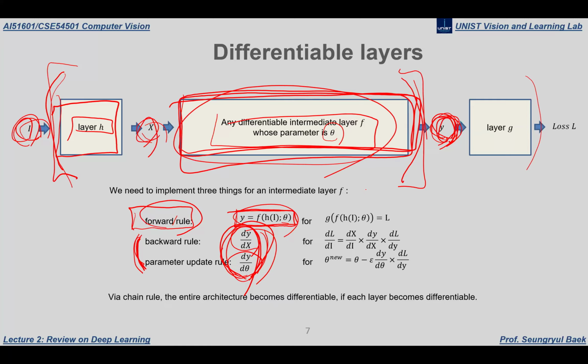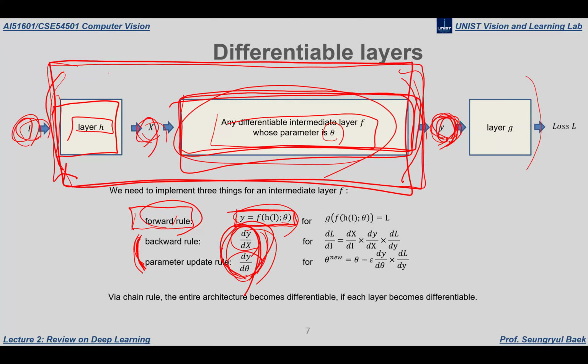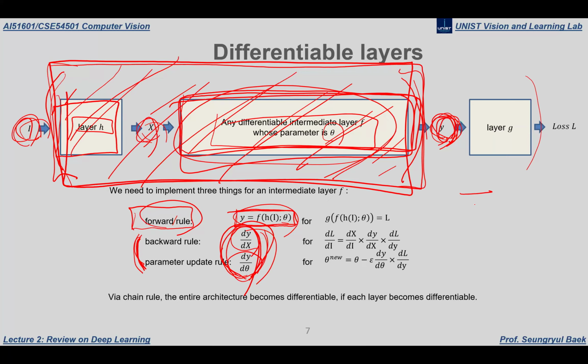We can see this combination of H and F as a new function. If H and F are both differentiable, we can see the entire network combining H and F as one function, and we can get these two gradients by combining the intermediate gradients for H and F via the chain rule.